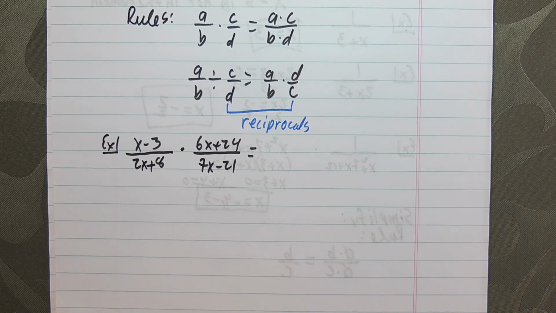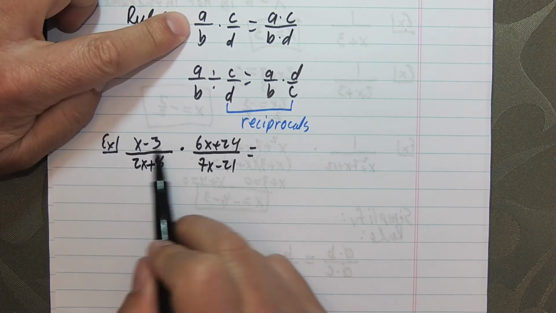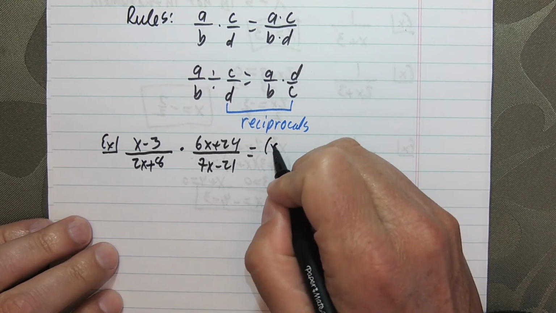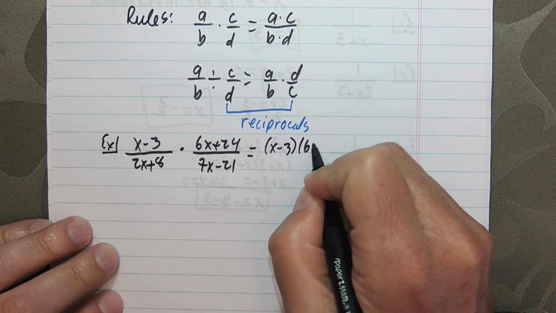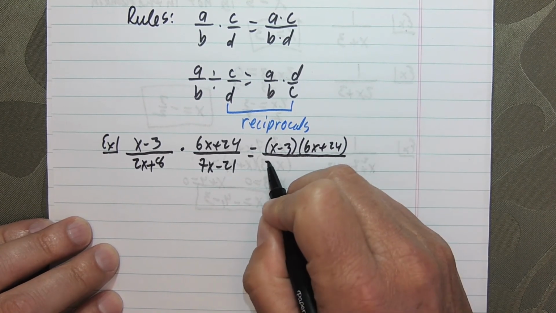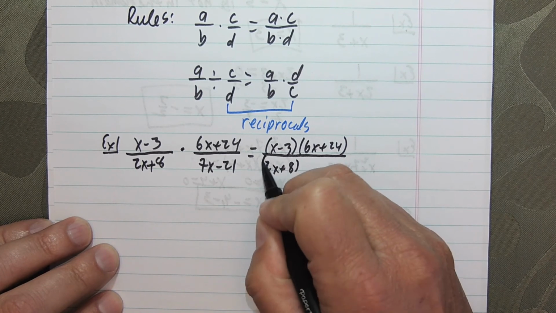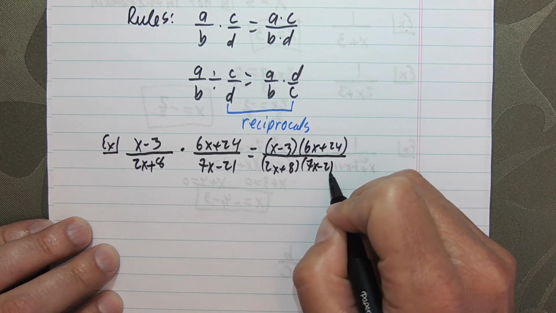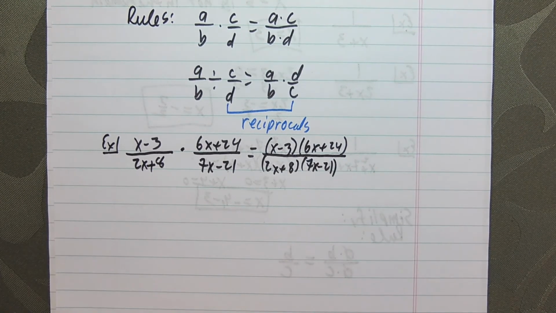Let me know when you're done copying it down. I'm done. Okay. So with the multiply rule that we see up here, I'm just going to multiply straight across. And then what we have to do is factor each of these.